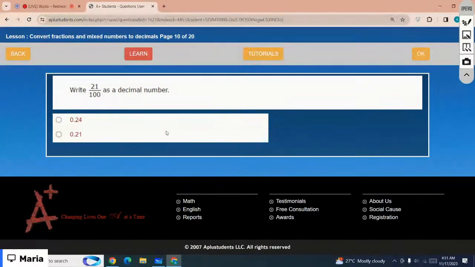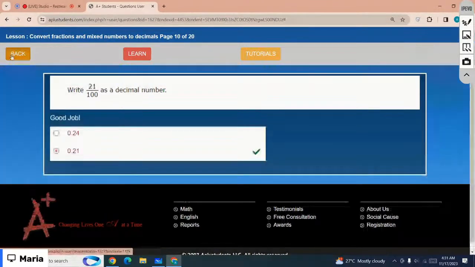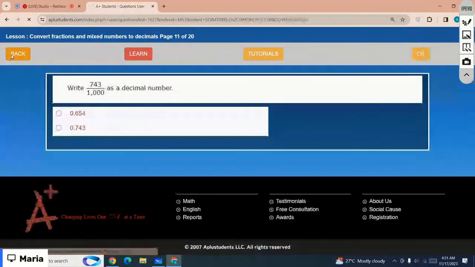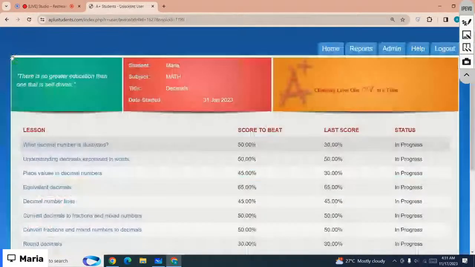Yes, that would be 0.21. You can complete the lesson by yourself later today. Let me just move on to the next lesson, and the next lesson is round decimals.